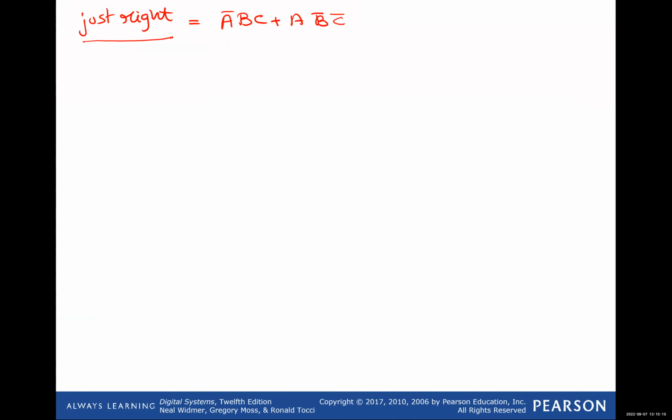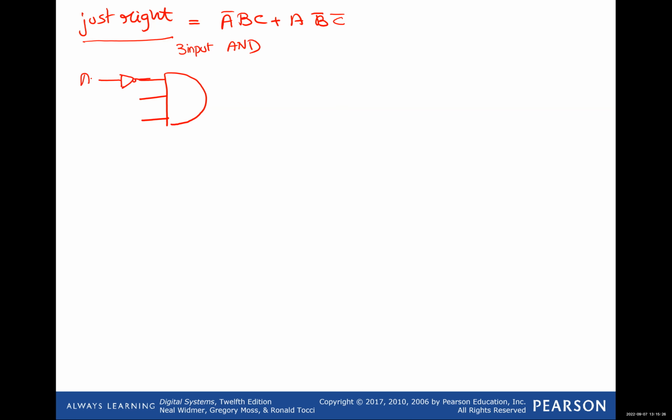Either I can use one AND gate with three inputs. So this is a 3-input AND. It's going to have 3 inputs here.